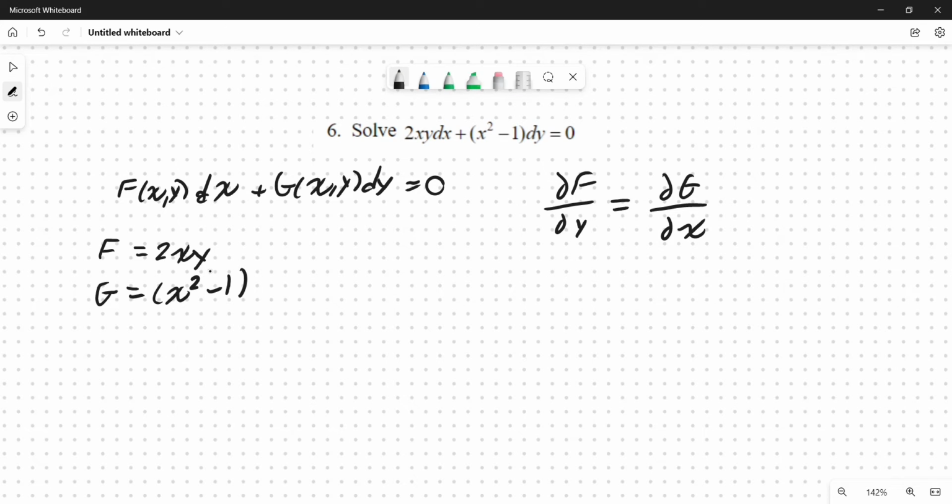So the partial of f with respect to y is just 2x, and the partial of g with respect to x, by using the power rule, is also 2x.